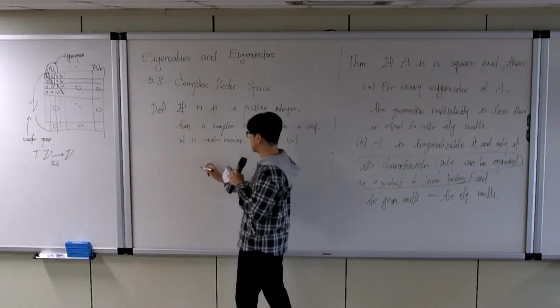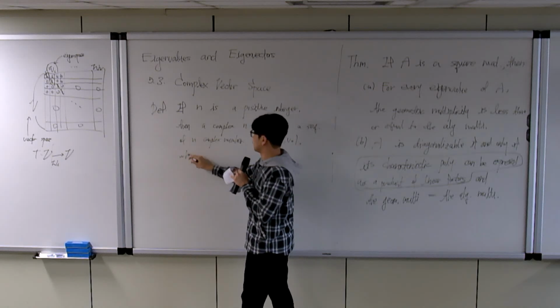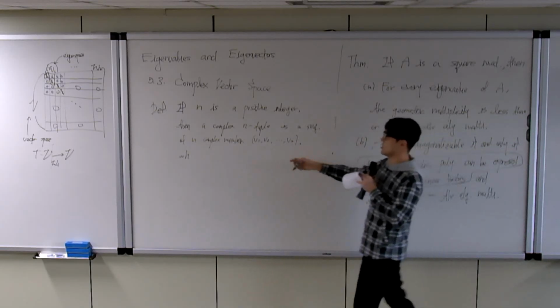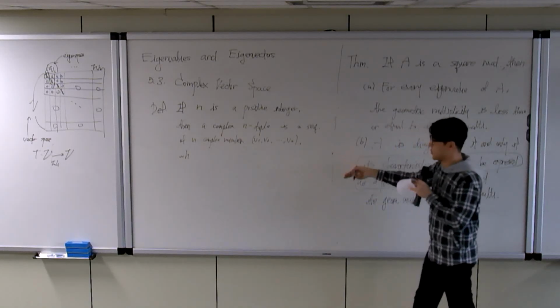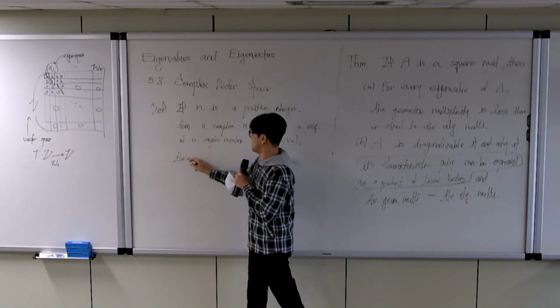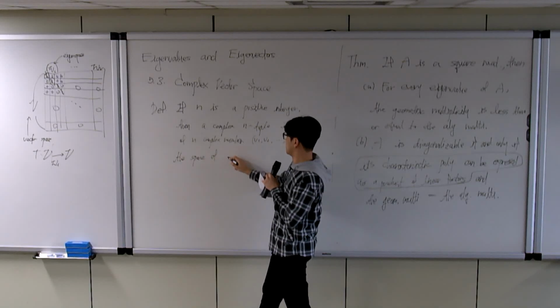Actually, we write this as the real part of V plus i times the imaginary part of V, and it is very similar to the system of complex numbers over the real numbers.